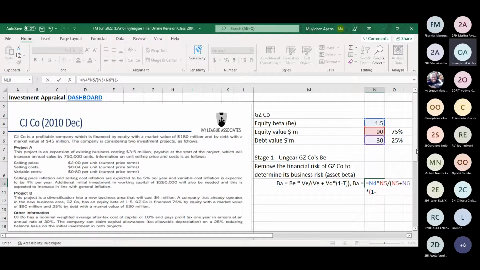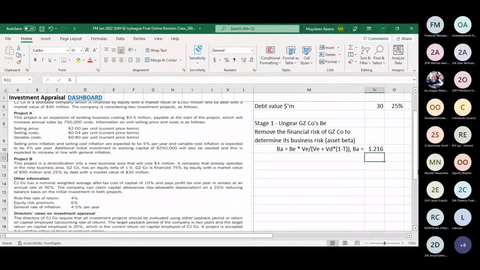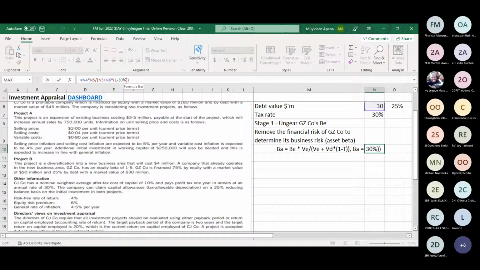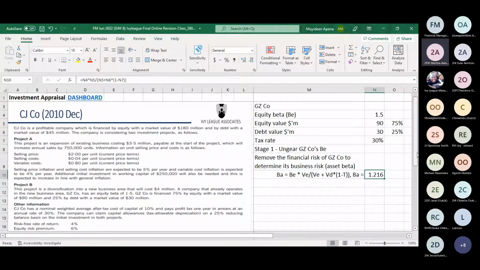Yes, we are given 30%. So I'm going to use it. Bracket close. So let me state the tax rate here, 30%. Then pick it directly. So 1.216. Please confirm. Is that what you have? Yes, sir. Okay. So that's the first stage.